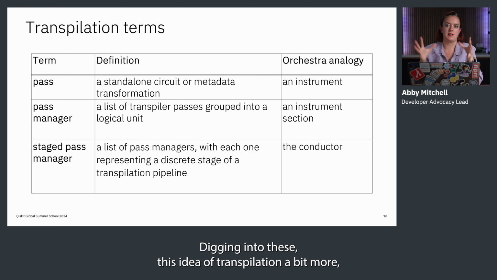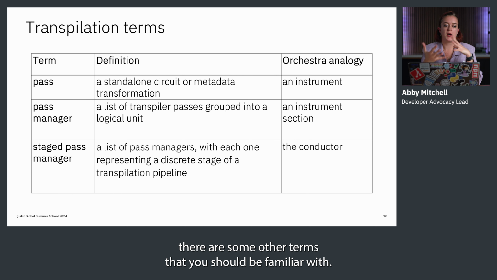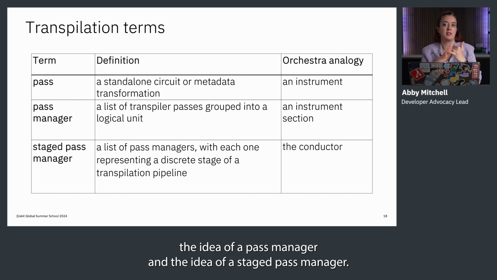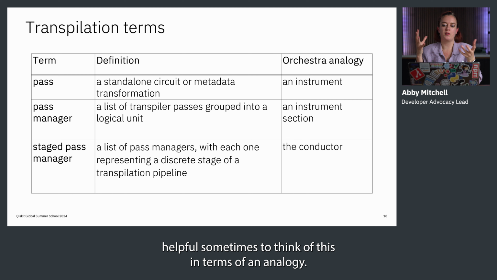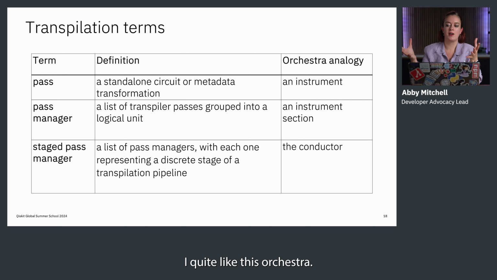Digging into this idea of transpilation a bit more, there are some other terms that you should be familiar with: the idea of a pass, the idea of a pass manager, and the idea of a staged pass manager. It's also helpful sometimes to think of this in terms of an analogy. I quite like this orchestra metaphor.